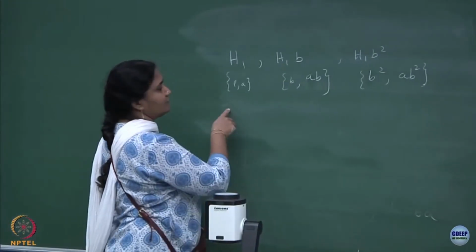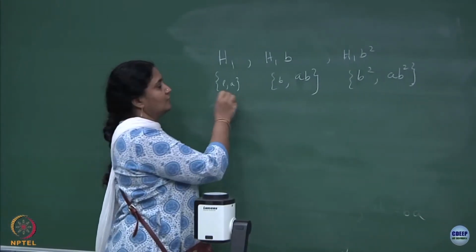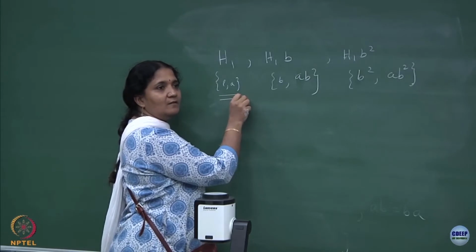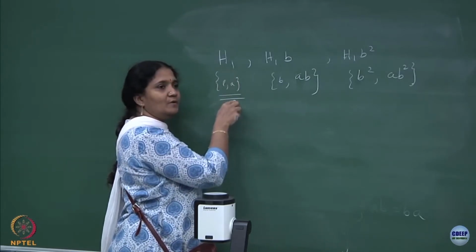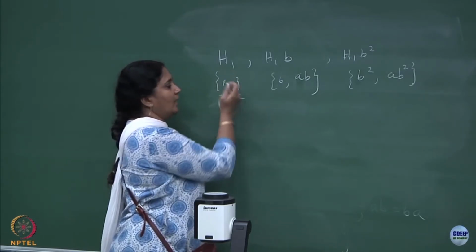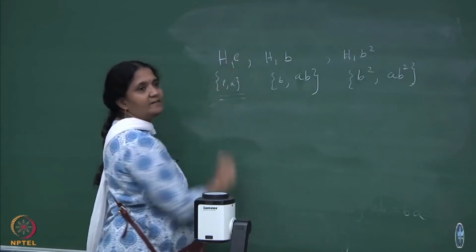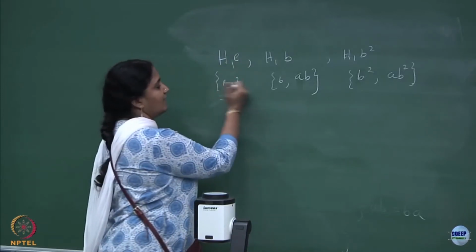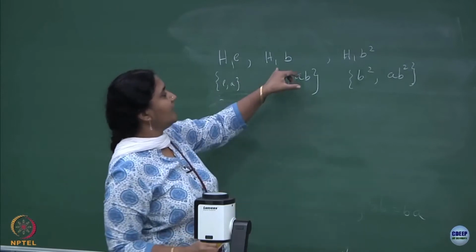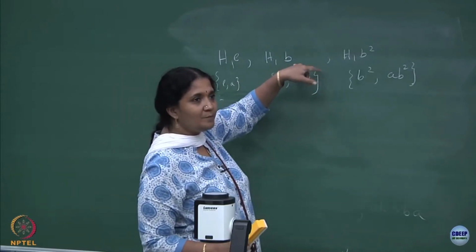So, you have cosets. So, this is a subset, okay. Even though H1 is a subgroup, the first element is multiplied by H1 times identity. The second element is multiplied by H1 times B, but this is arbitrary.